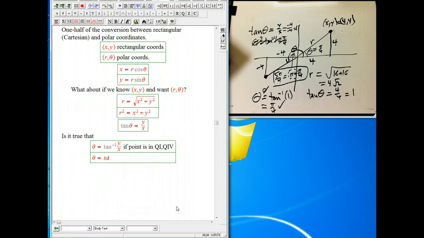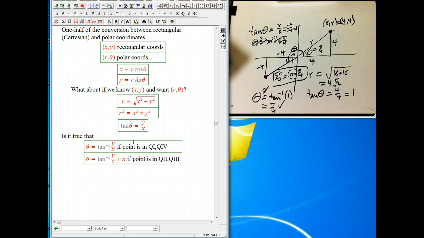But the annoying thing, and this is just going to trip you up, guarantee it, unless you're really on your game and paying attention, you have to add pi if the point is in Q2 or Q3. Sorry about that. It's annoying. There's no way around it. The world is just like that. And so that's kind of annoying. And this is a really ugly thing to write, whereas this is not so ugly to write.